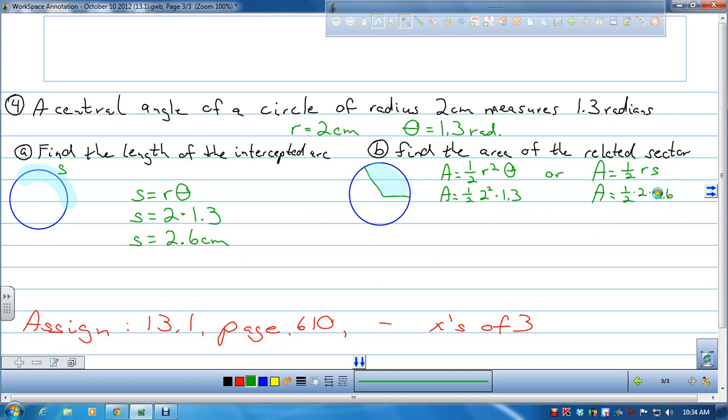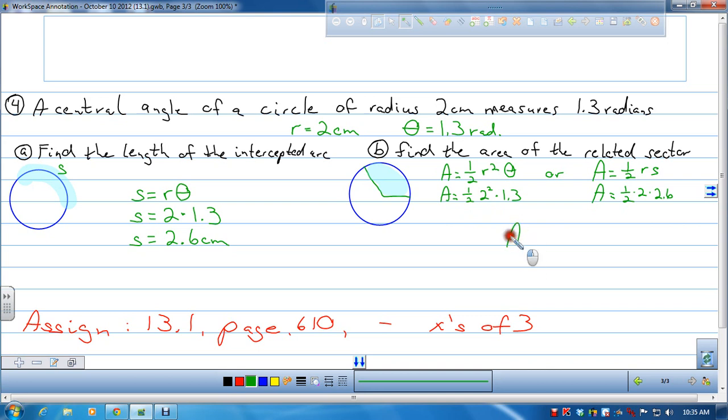So you can kind of see where that came from. I have a 1/2 times 2 in both of them, right? And then I had another 2 times 1.3. Well, that's what I used over here to find the arc length. So it makes sense that these two are equivalent.